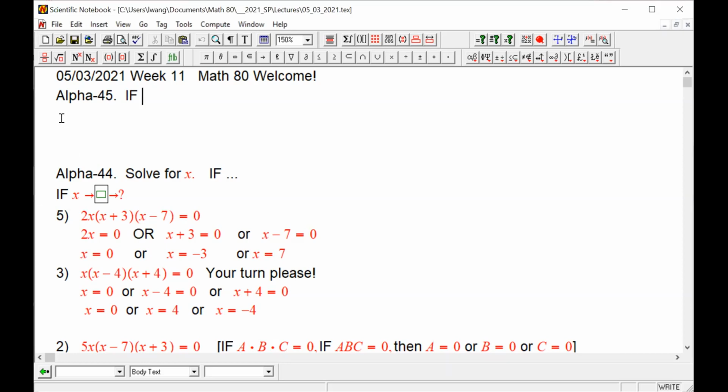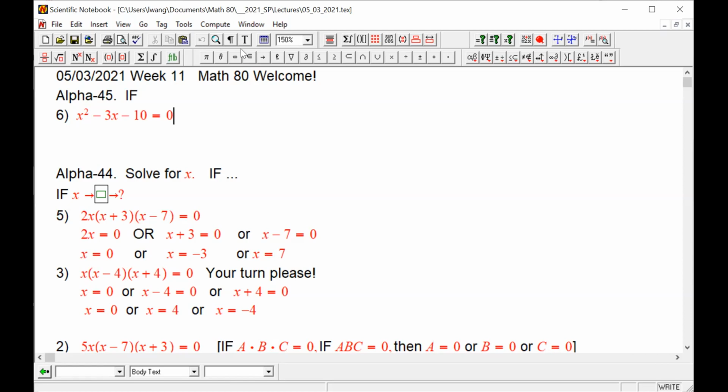So for example, let's see which one. Take number 6, for example. On number 6, we have x squared minus 3x minus 10 equals 0.